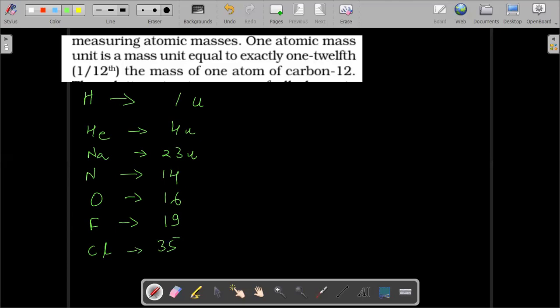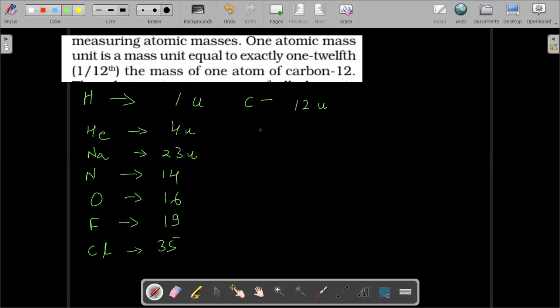So in this way, we obtained the mass of almost all the elements. For reference, you don't need to remember them all. Most of them will be given in the questions. A few of them you may need to remember. For example, carbon has an atomic mass of 12 atomic mass units.